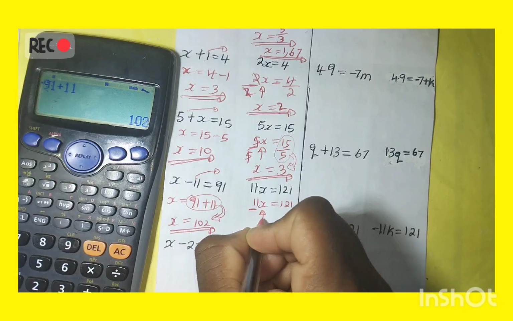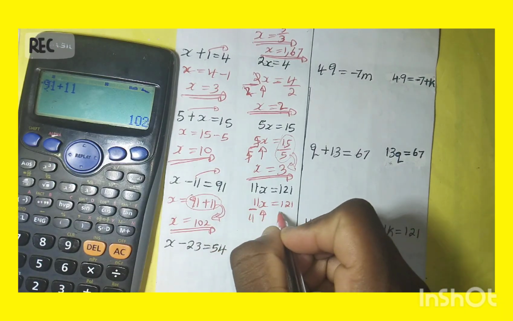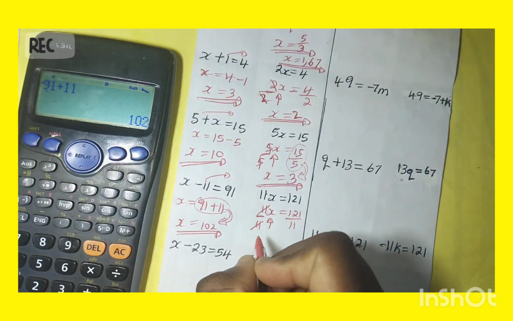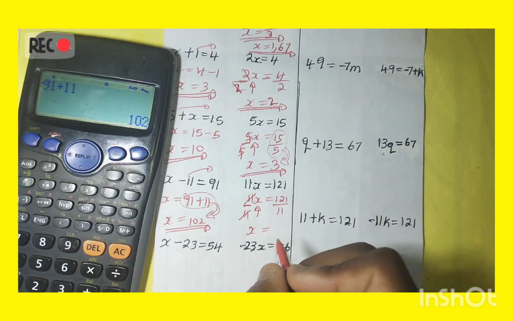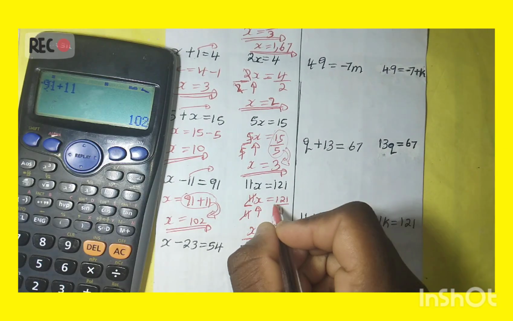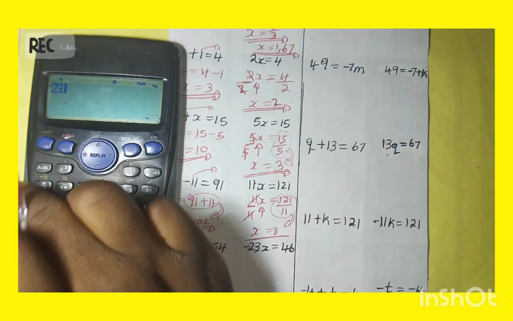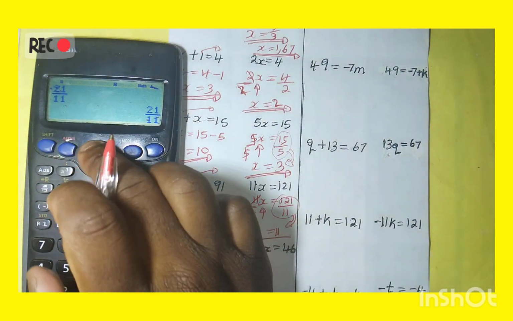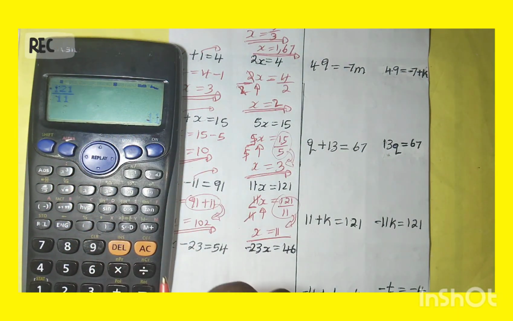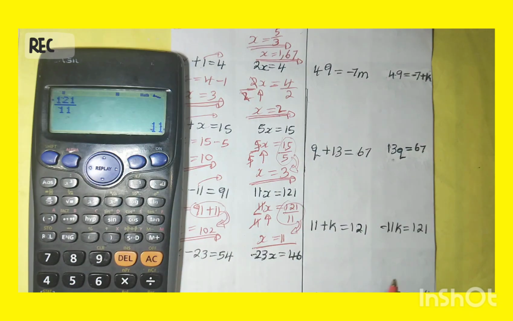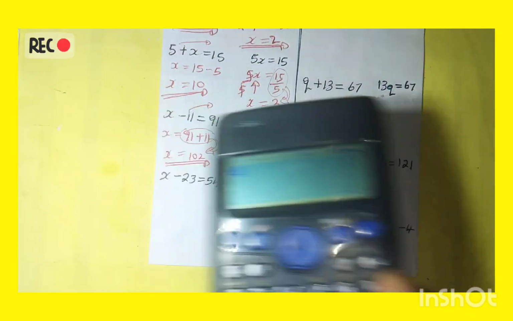What is in front of x, you divide both sides by it. It gets cancelled. Here we are only left with x. Our answer will be 11. You will press all of this to get that 11, which is 121 divided by 11. So there you should get 11. Do you see?